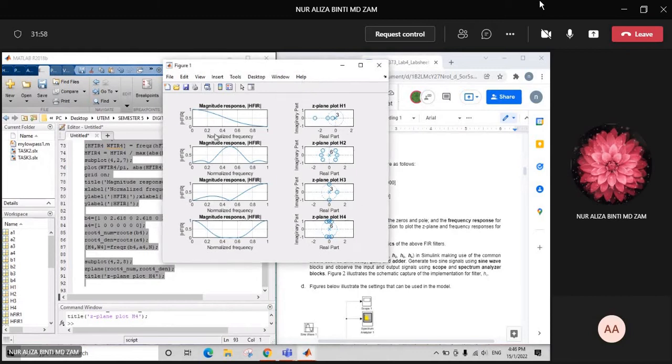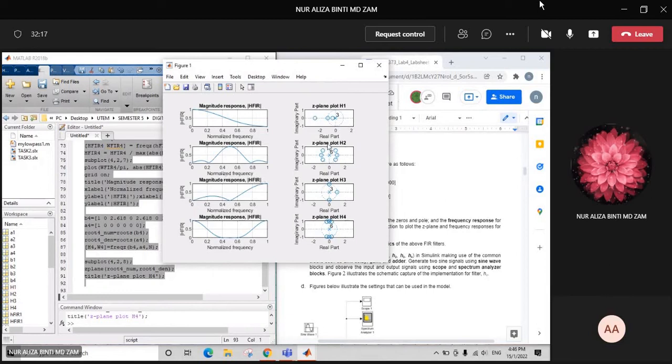As we run the coding, we get the magnitude response for system 1, and then this is the magnitude response for system 2. And then for system 3, this is the magnitude response, and for system 4, this is the magnitude response.